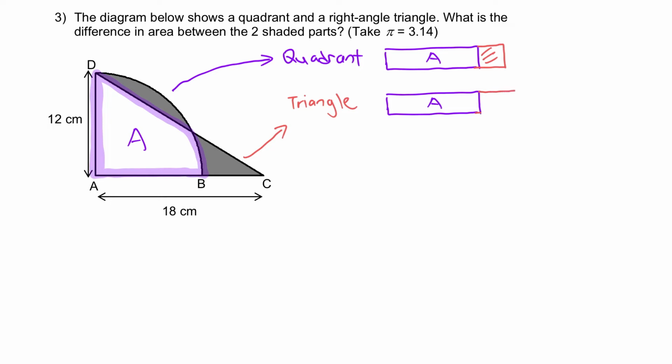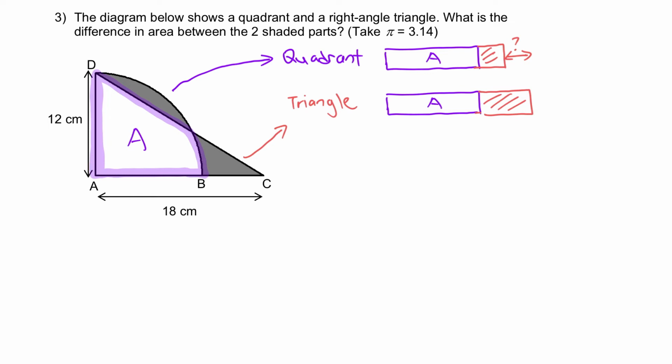So probably I can draw it slightly differently over here. Can you see it? Now, what does the question want us to find? They want us to find the difference in the area, which means the difference between these two parts, denoted by this question mark here.